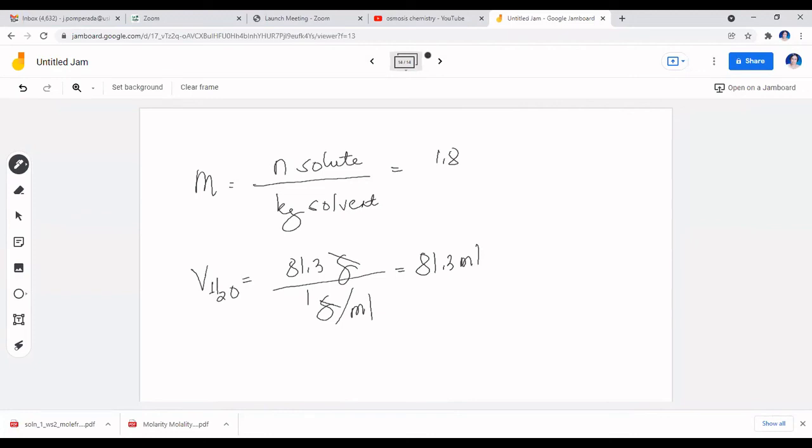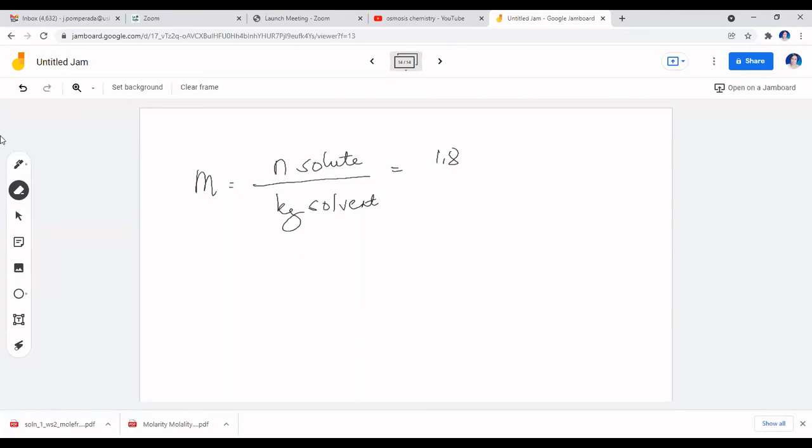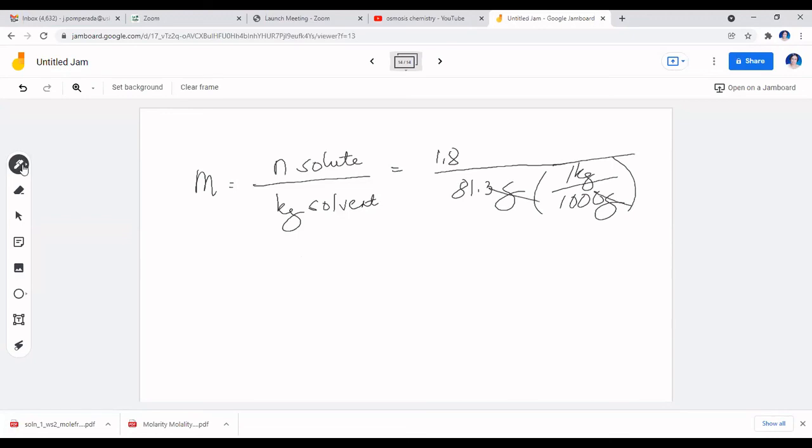By the way, it's kilogram solvent, so there's no need for us to determine the volume. If it's kilogram solvent, it's just pure conversion. Okay? So we'll have here 81.3 grams. We divide it by 1,000. Okay? This is kilogram water per mole of solute.